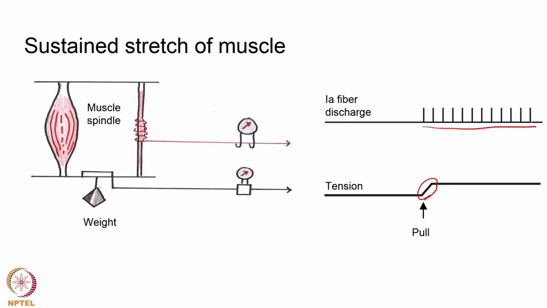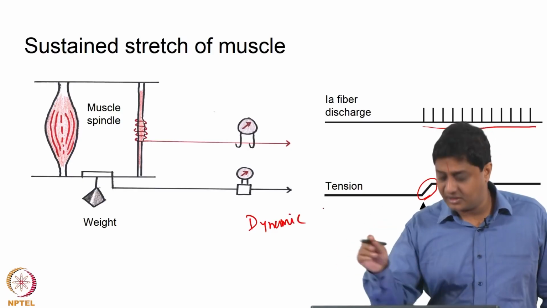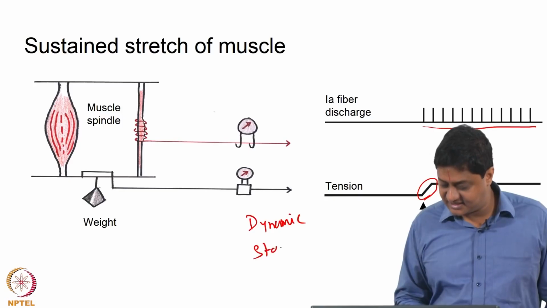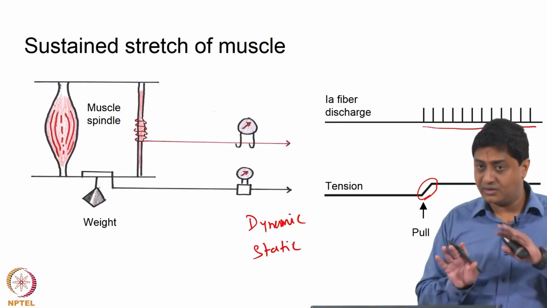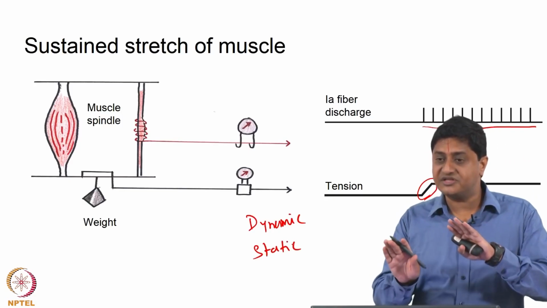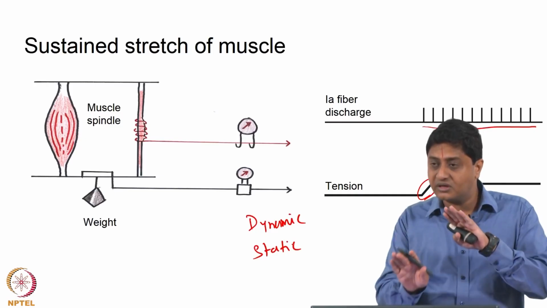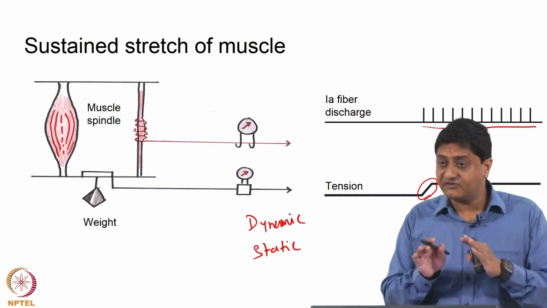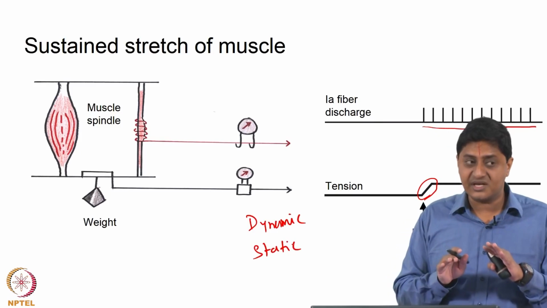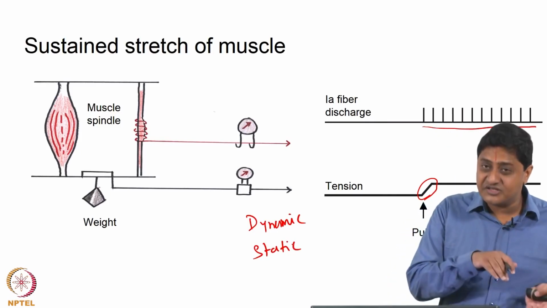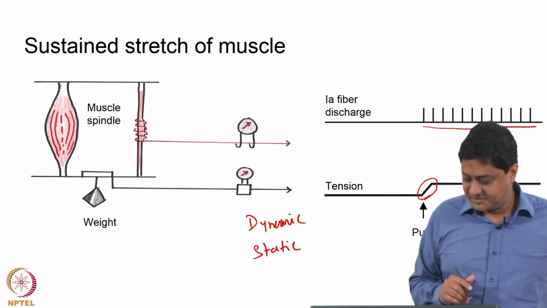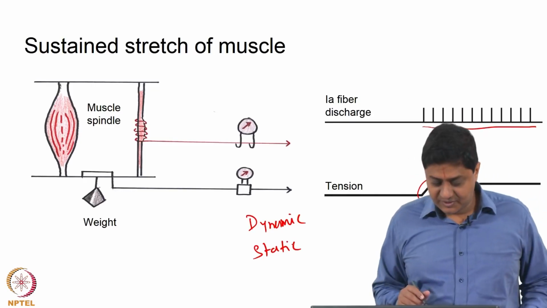And let us also remember that there is both dynamic sensitivity, that is adjusted by changing the input to the dynamic gamma motor neuron, and static sensitivity, that is adjusted through the static gamma motor neuron. So, depending on how I change the inputs to the dynamic and static gamma motor neurons, the 1A system can either function as a velocity sensor or a length sensor, is it not? So, that is the response.